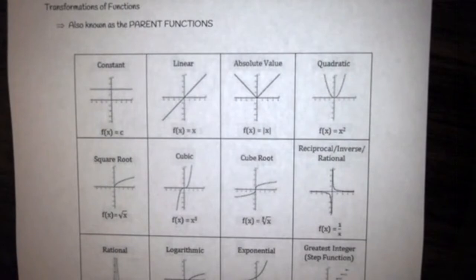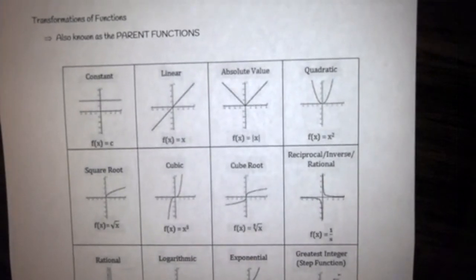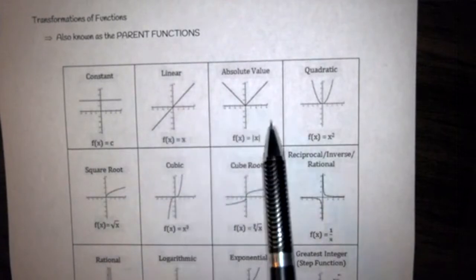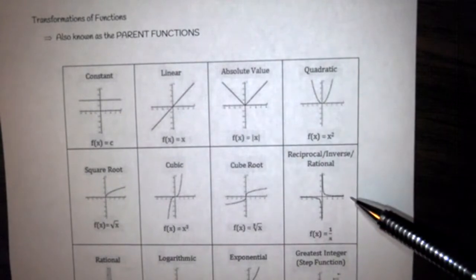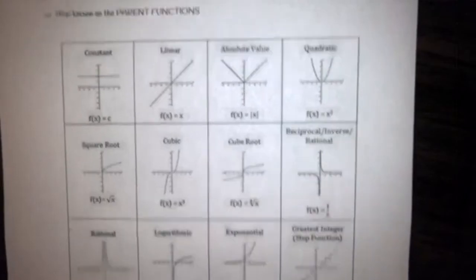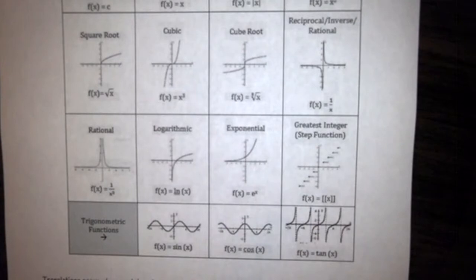Here's the biggie, the actual transformation or translation of functions. We have these parent functions, and some of you may remember from high school, we initially called them the big top ones. So we had linear, absolute value, quadratic, square root, cubic, cube root, and rational. These were kind of the big ones to start with. There are also quite a few others that exist, but we just care about the basic ones.